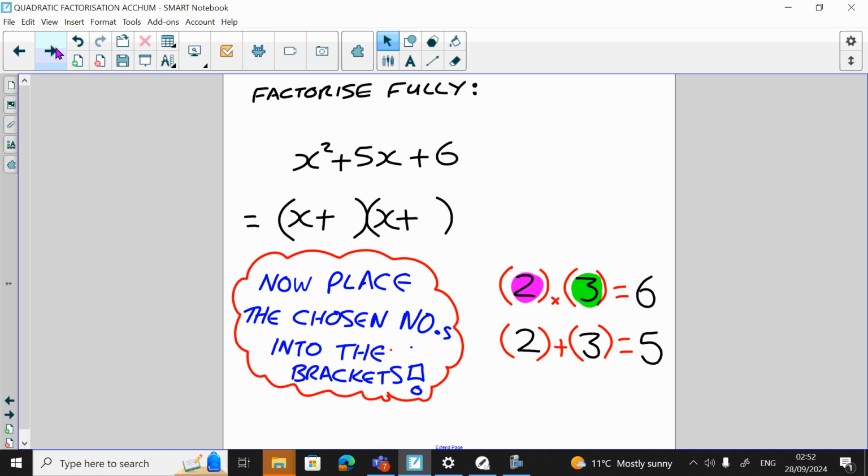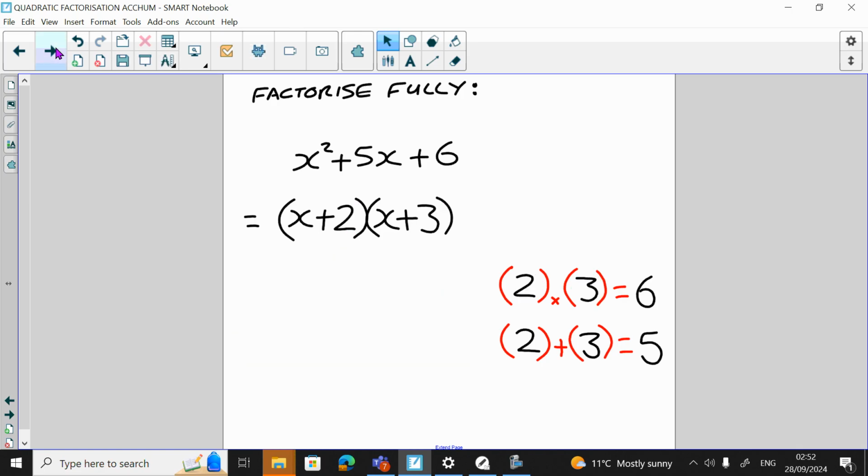It doesn't matter where the 2 or where the 3 goes, because both are going to be positive. And just like I've shown you there, I've switched the order. Just think about 5 times 4 is 20, and 4 times 5 is 20. So the order does not matter here.